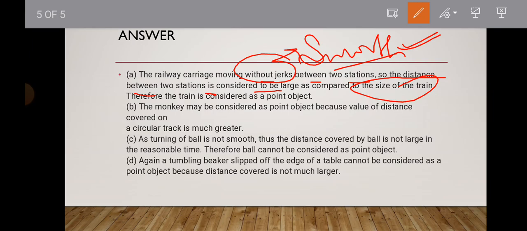It is very normal that the path between two stations is much greater than the size of the train. Hence the train can be considered a point object. As we discussed, the distance of body 2 should be greater than that of body 1.